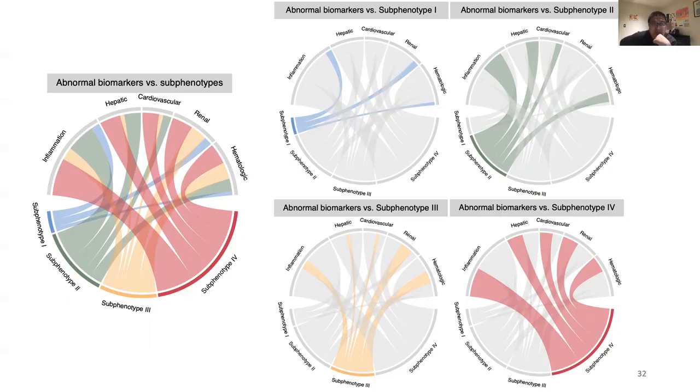Subphenotypes 2 and 3 are the moderate ones, with their severity between subphenotype 1 and 4. For subphenotype 2, we can see a higher proportion of lab abnormalities, especially in the inflammation-related markers. But for subphenotype 3, we don't really see that.